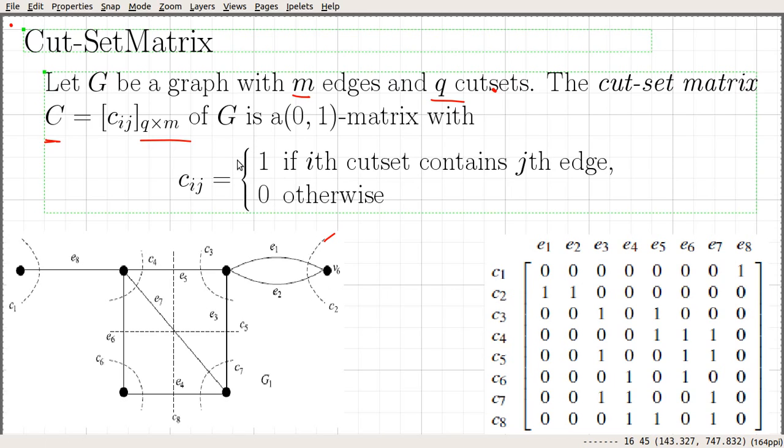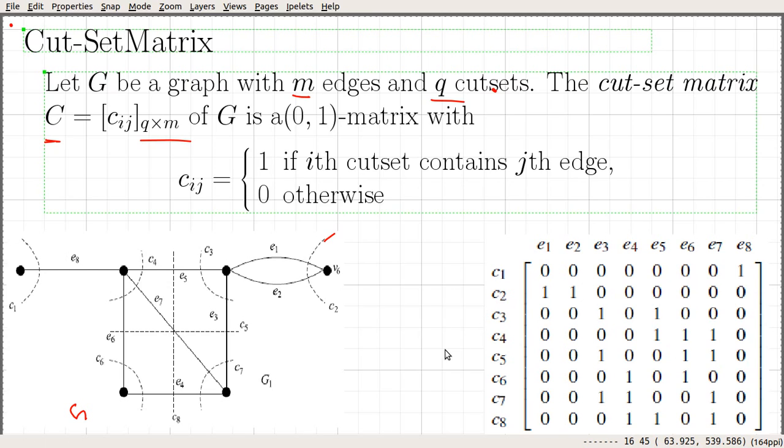Let's go through an example and see how to define a cut set matrix. Let's consider this graph G. This graph G has 8 edges and 8 cut sets. The cut sets are labeled C1, C2 up to C8, and the edges are labeled E1, E2 up to E8.